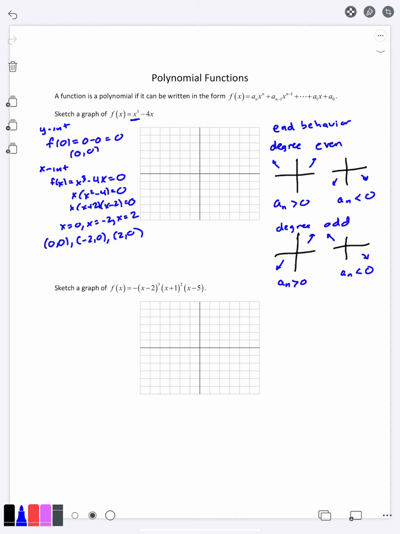So in this case here, my biggest term is x cubed, and the number in front of that is +1. And so that means that we are in this scenario here. That means my graph is going to go up to the right and down to the left eventually. Then we're going to plug in any x or y intercepts that we have, and then we're going to get to each point here.